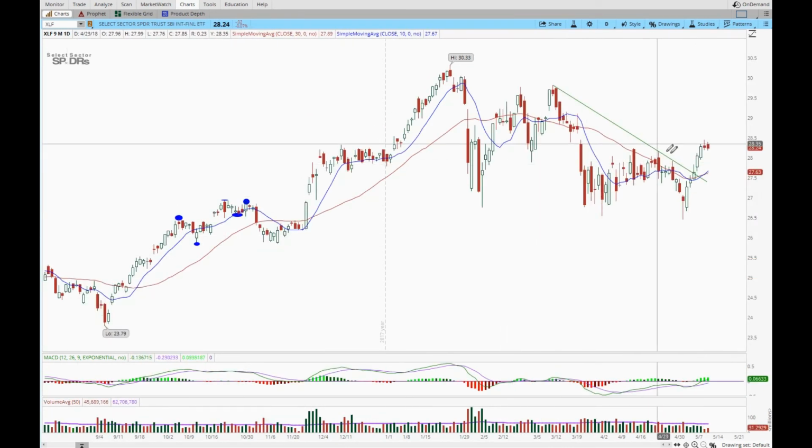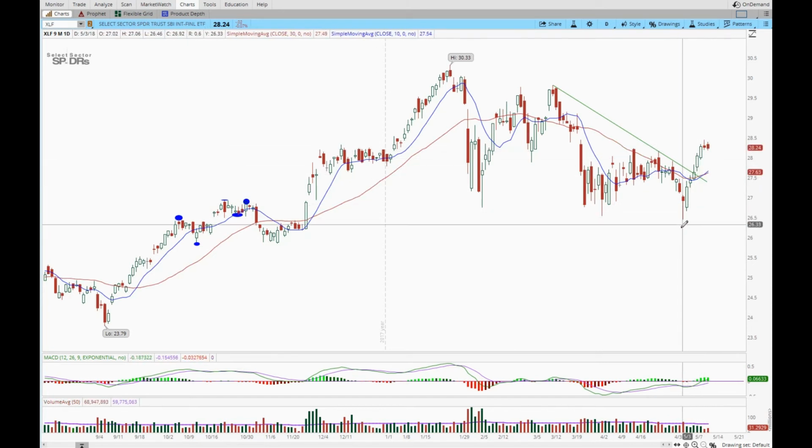Then financials also moved down a little bit today, 0.07%, stayed about the same. It tried to break up, but then retraced a little bit in here.